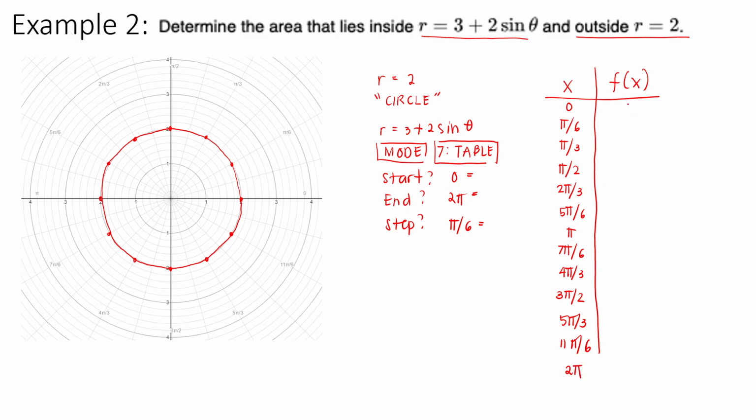So you have 3 and then 4, and then 4.732, and then 5, 4.732, 4, 3, 1.2679, then 1, 1.2679, 2, and then lastly is 3.